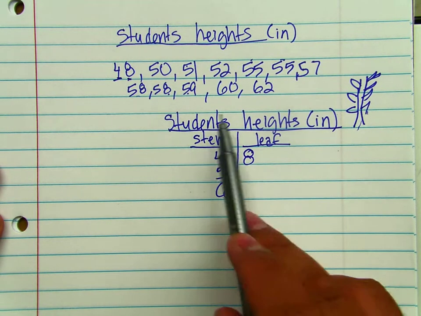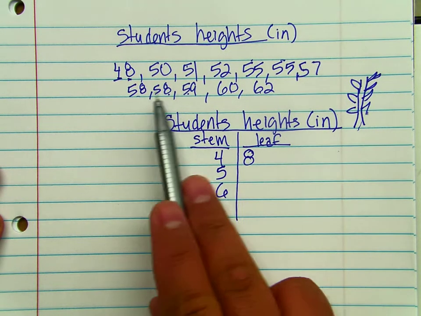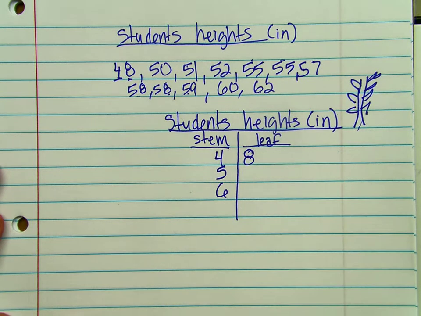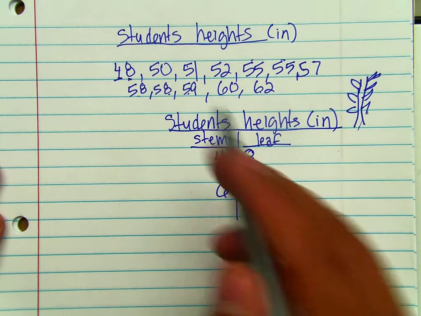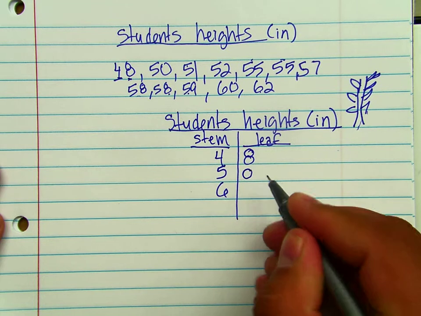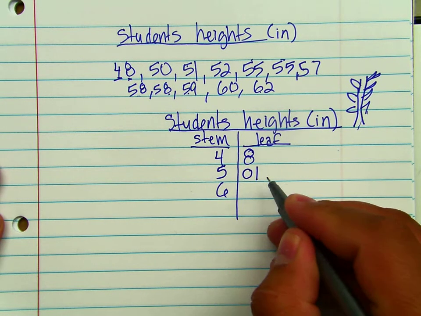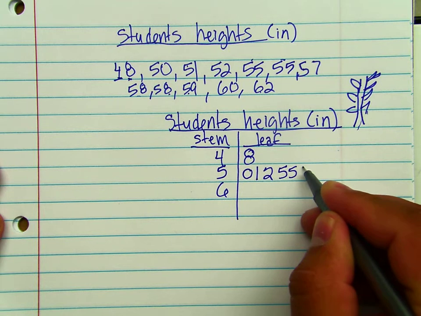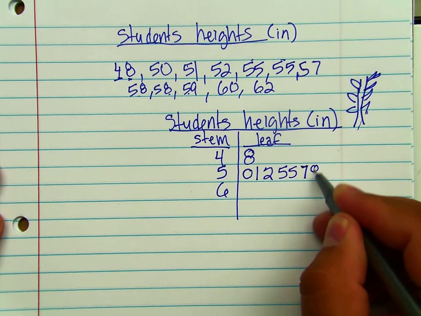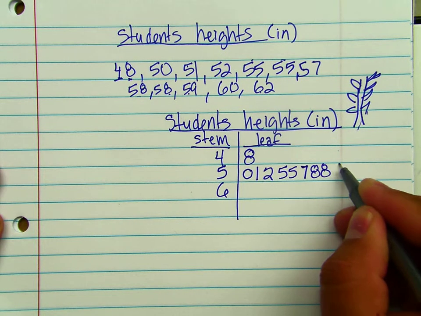Now, it's interesting to get to the 5s, because we have so many students that are 50 inches in that range, all the leaves are going to go here. So the first one is 50. We put them in numerical order. Then we have a 51. Then we have a 52. We have two 55s, 57, two 58s, and a 59.